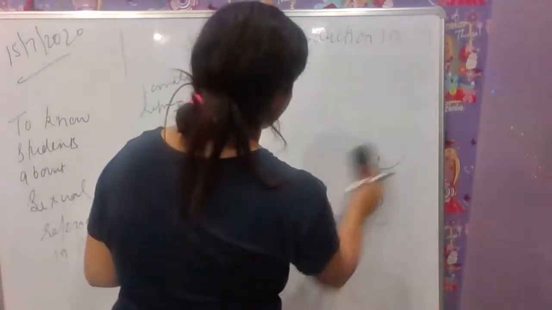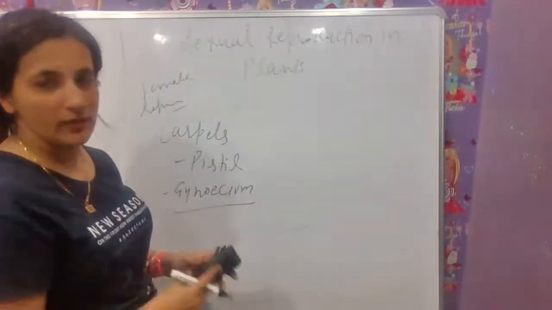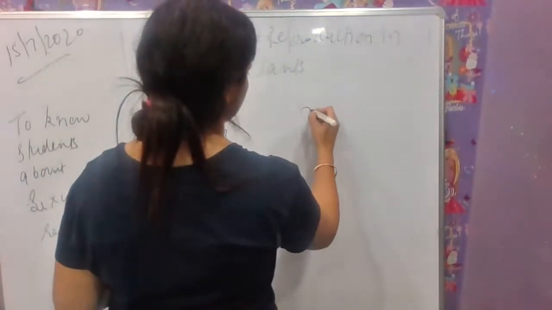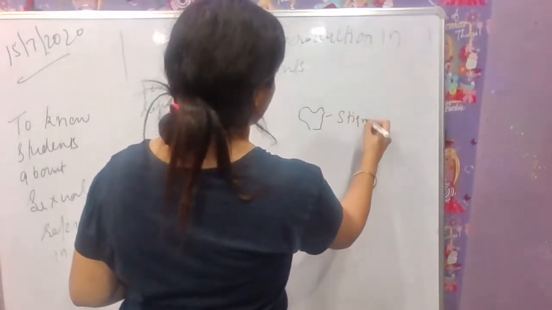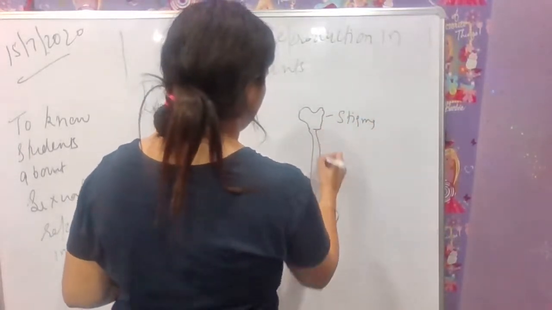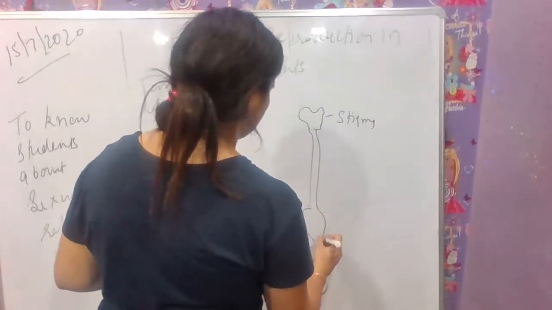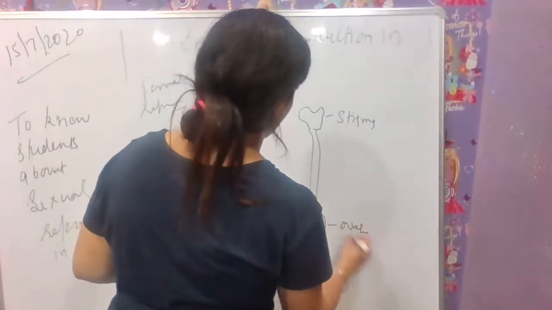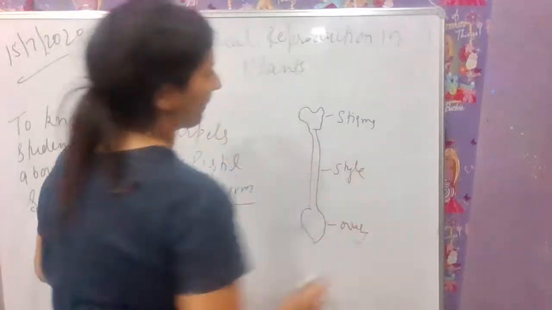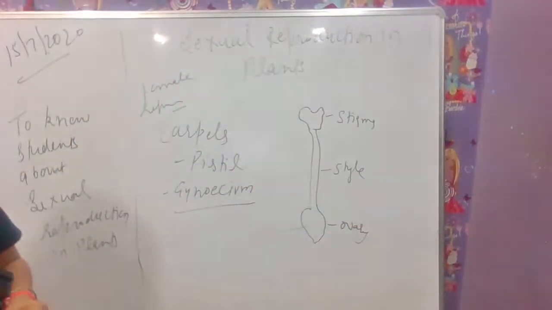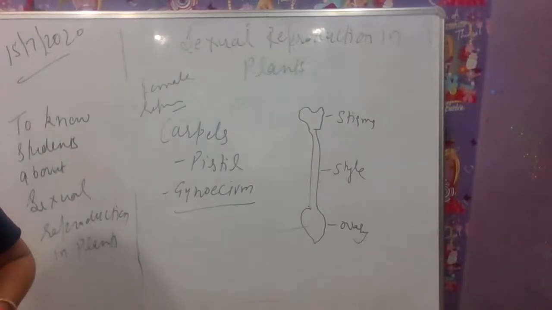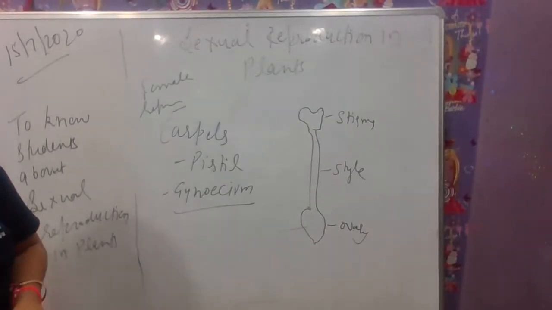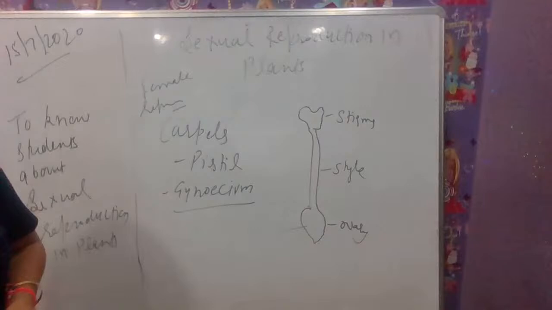It consists of three parts: stigma, style, and ovary. Okay, students? So, stigma, style, ovary.